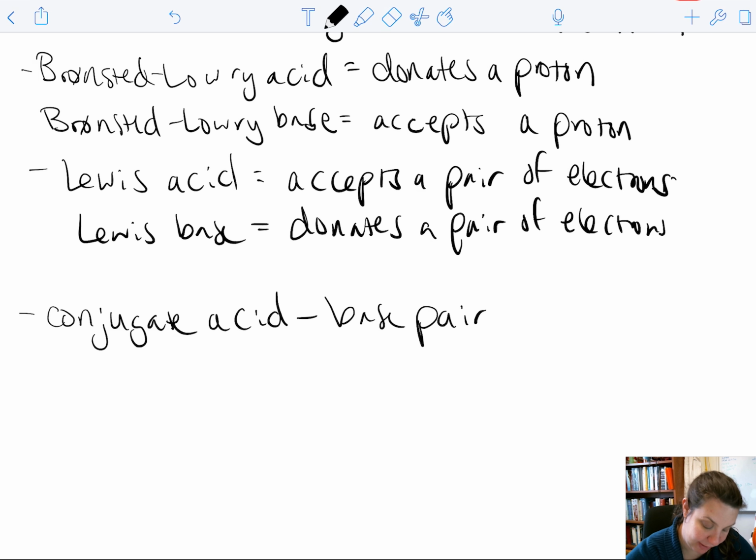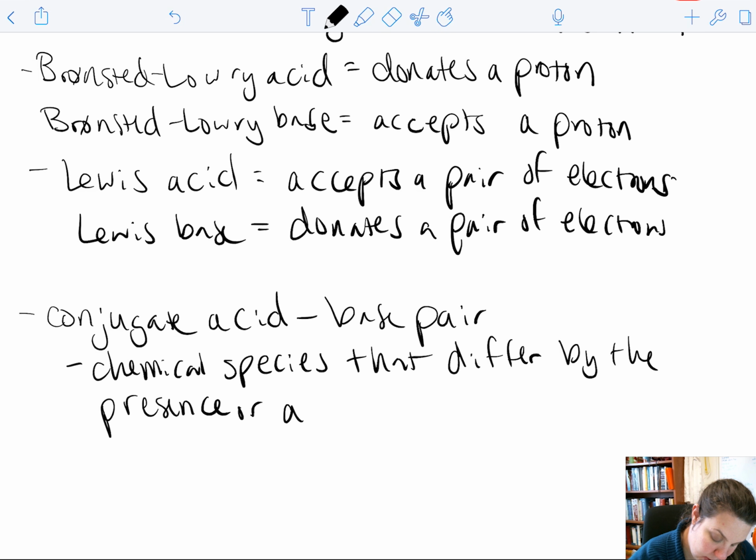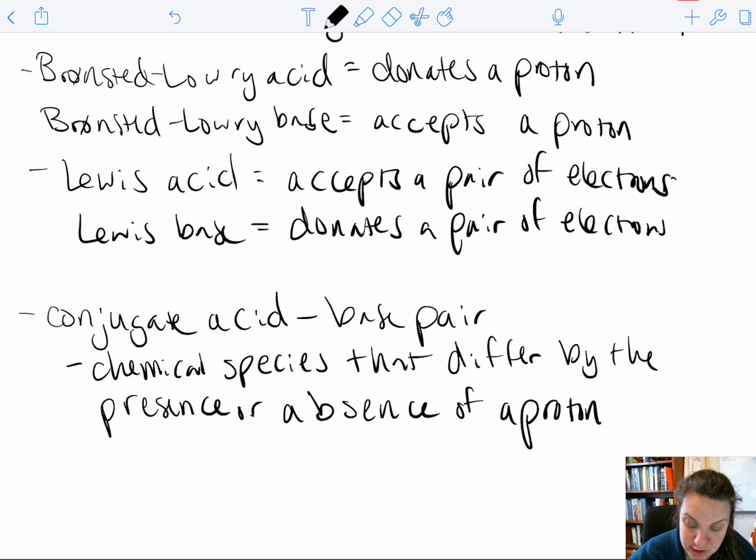We call it a conjugate acid-base pair. Remember, a proton, that's H+.